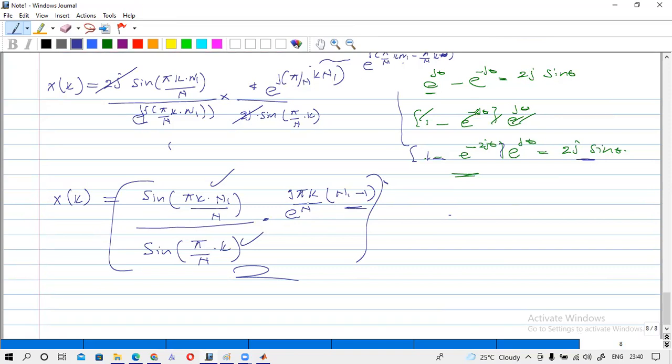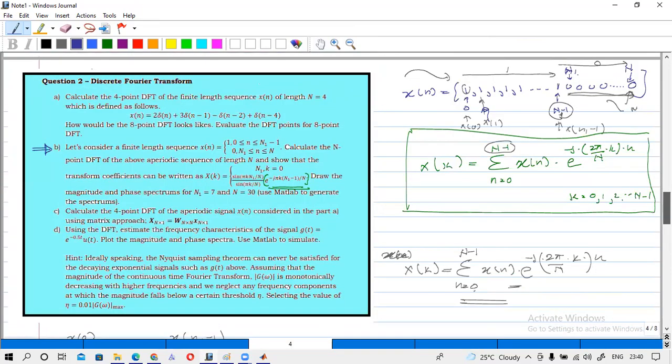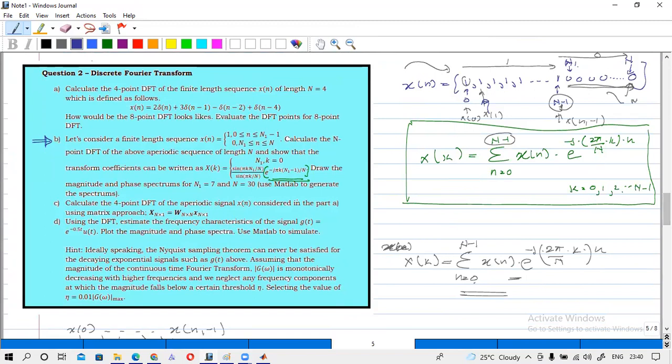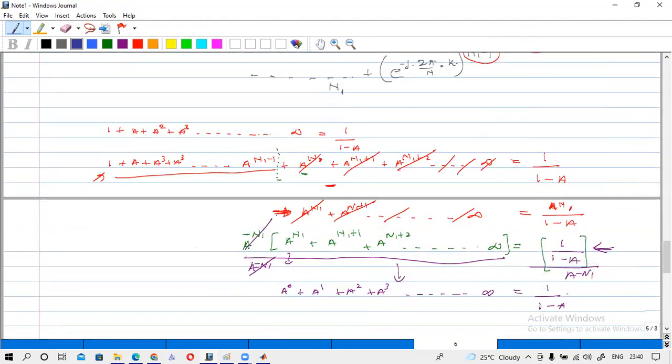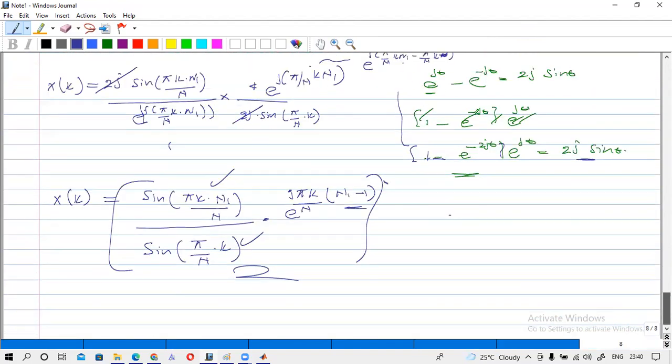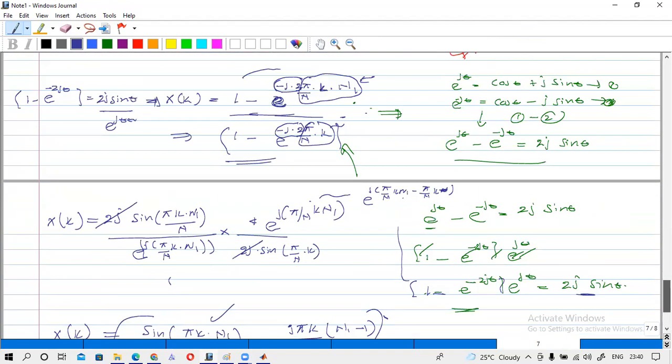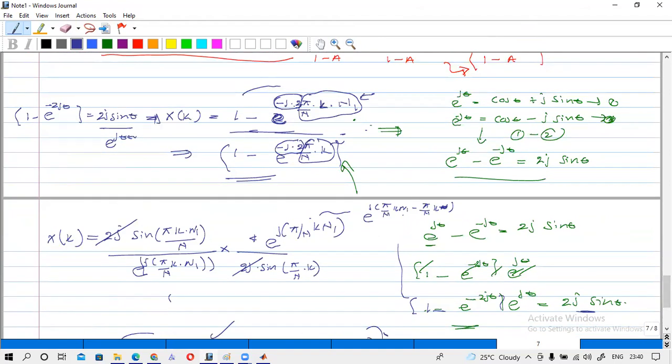Here the minus sign is there, and I think here also, we forgot the minus sign, because the minus j is here.